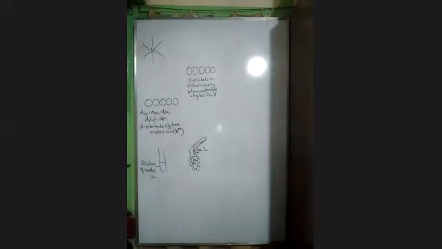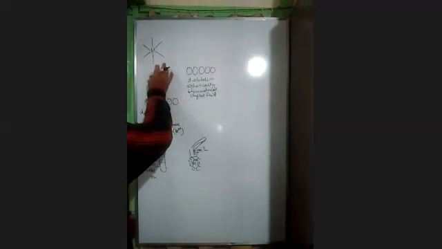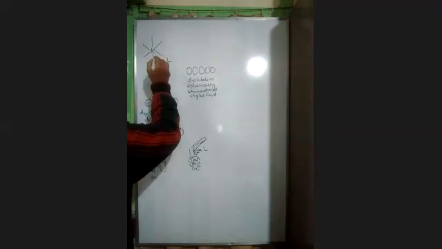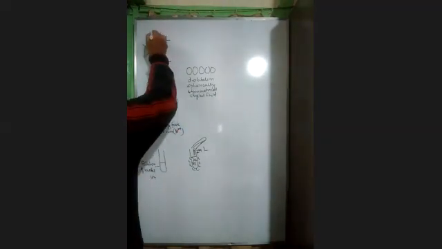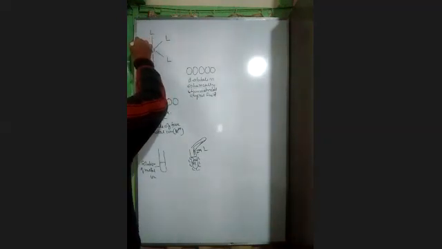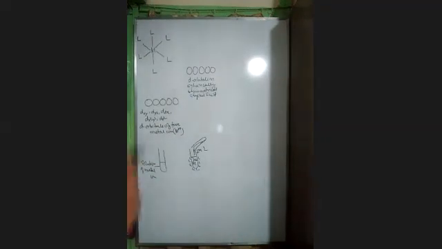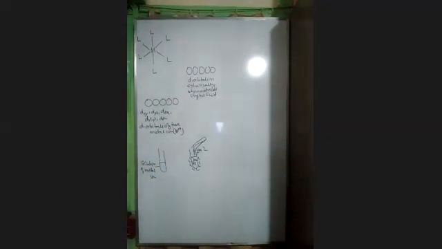Let us assume that the ligands have started approaching along the axis. Let me write here: L, L, L, L, L, and L. They are coming along the axis. When they come along the axis, what will happen?